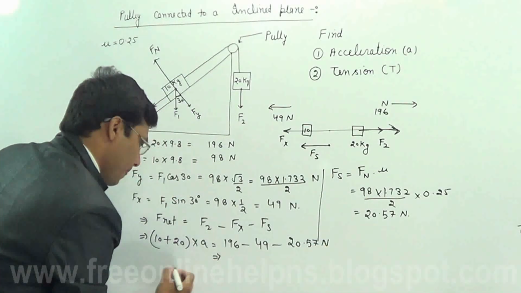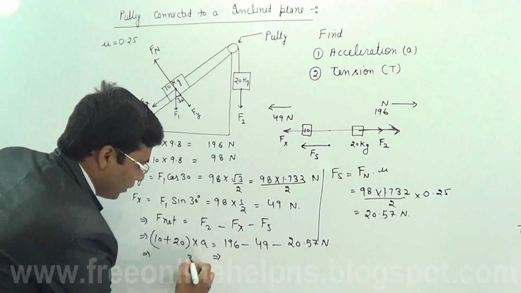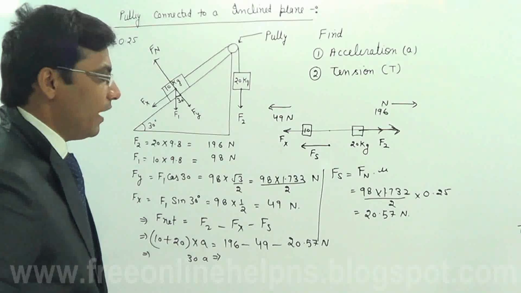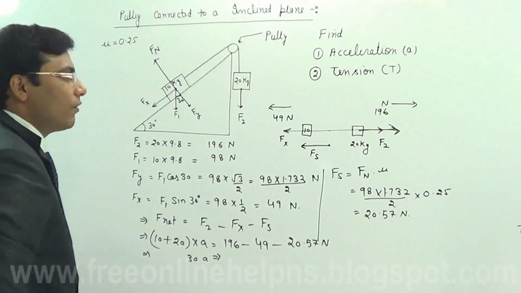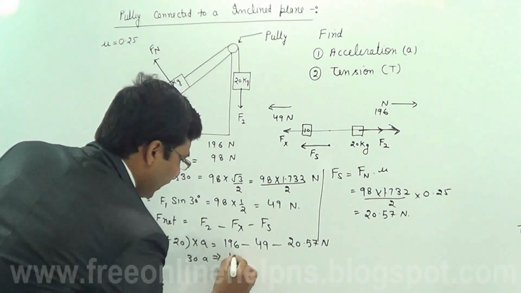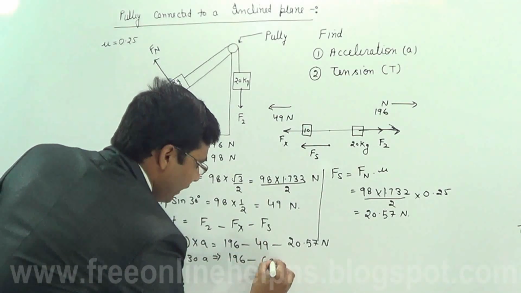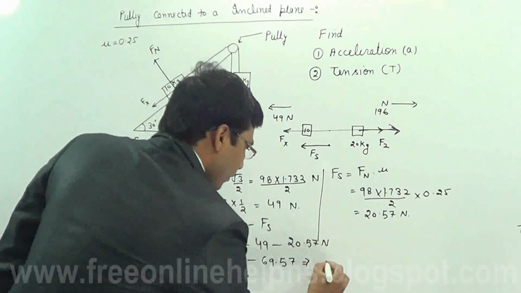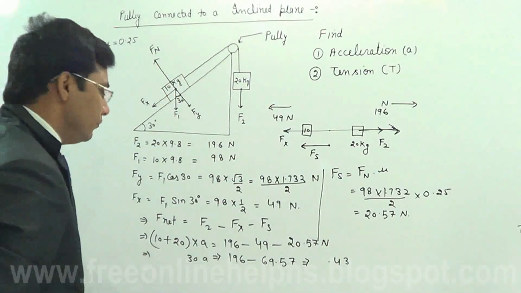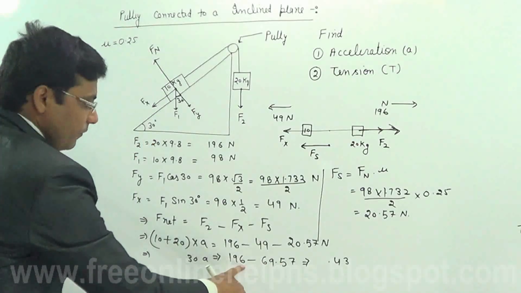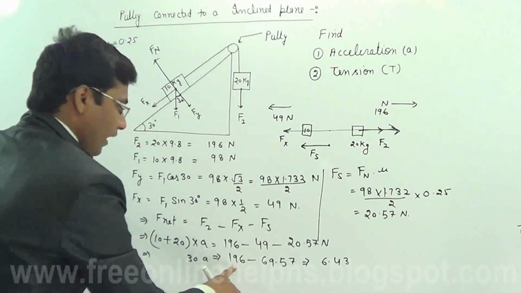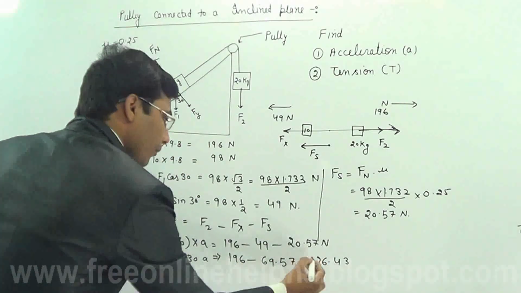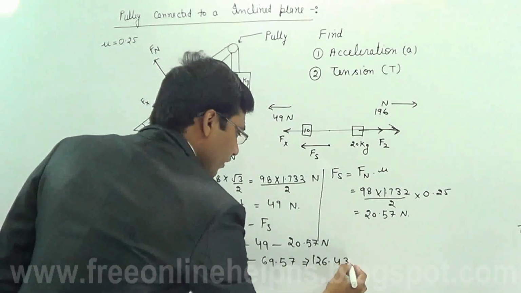So 30 times a is equal to 196 minus the sum of both negative values, 49 and 20.57. After calculation we get 126.43 Newton.